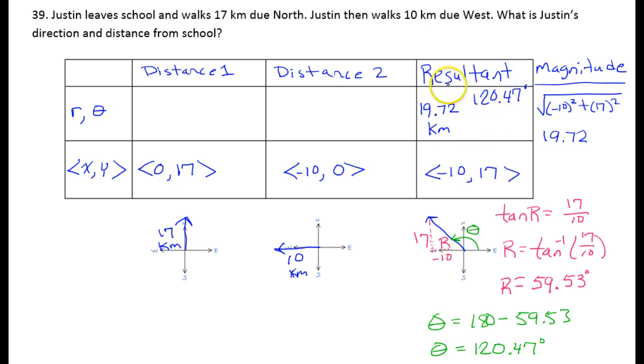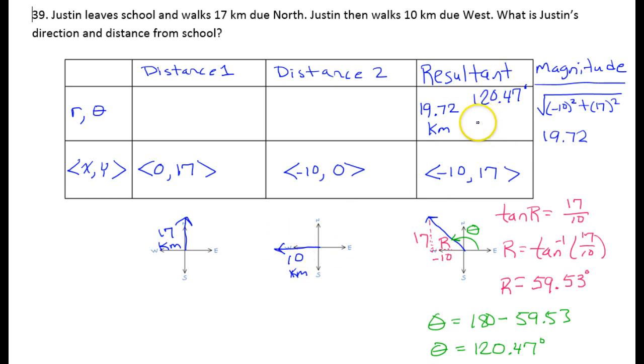Now, we like to give the direction in the same way that the direction was given in the original problem. And they didn't give us direction as measured from the positive x-axis. They said due north. They didn't say 45 degrees, for example. They said due west. They didn't say 180 degrees.